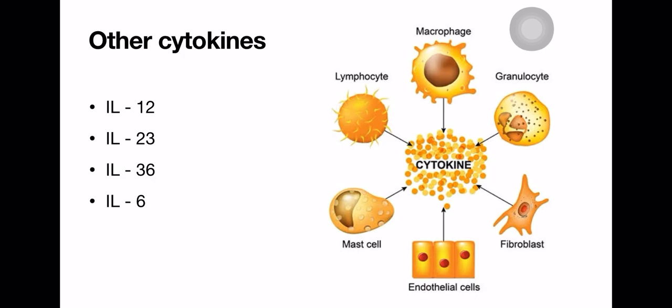Concentrations of IL-36 are significantly higher in HS lesions compared to healthy adults. IL-6 is a pro-inflammatory cytokine that promotes B-cell antibody production and is involved in multiple inflammatory conditions. Elevated levels of IL-6 and its receptor have been detected in HS skin, especially in early stage 2 to 3 patients compared to healthy controls.